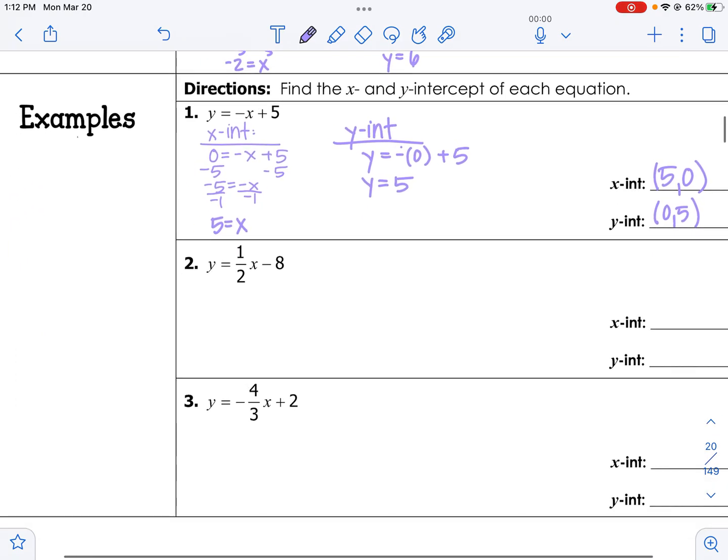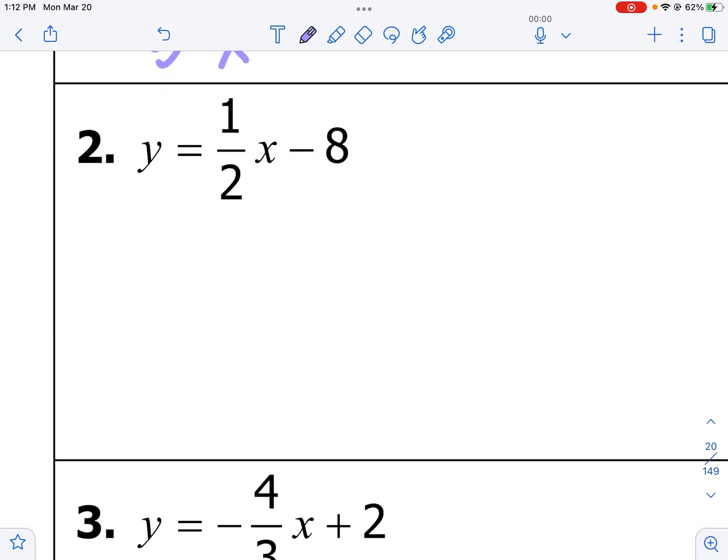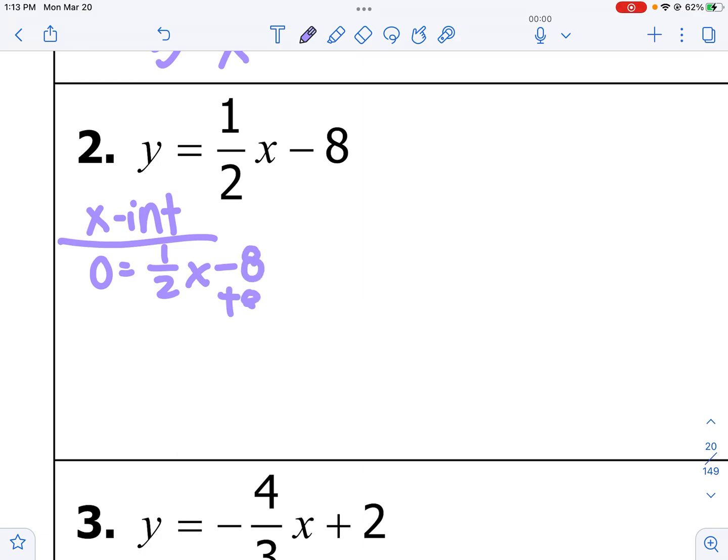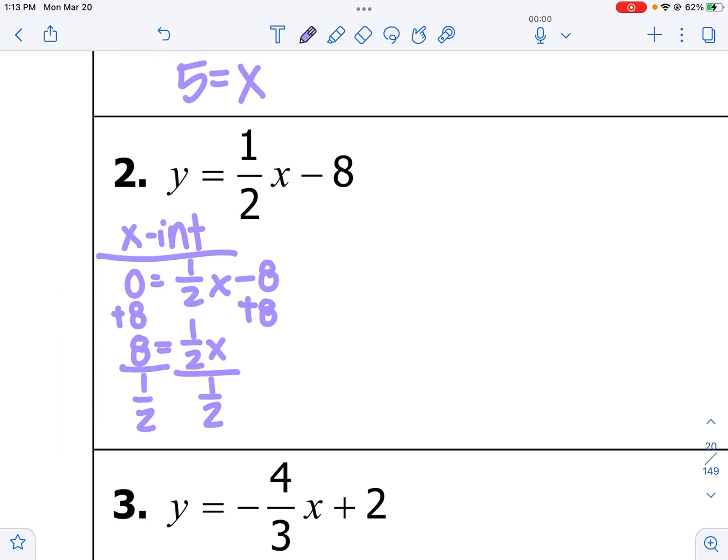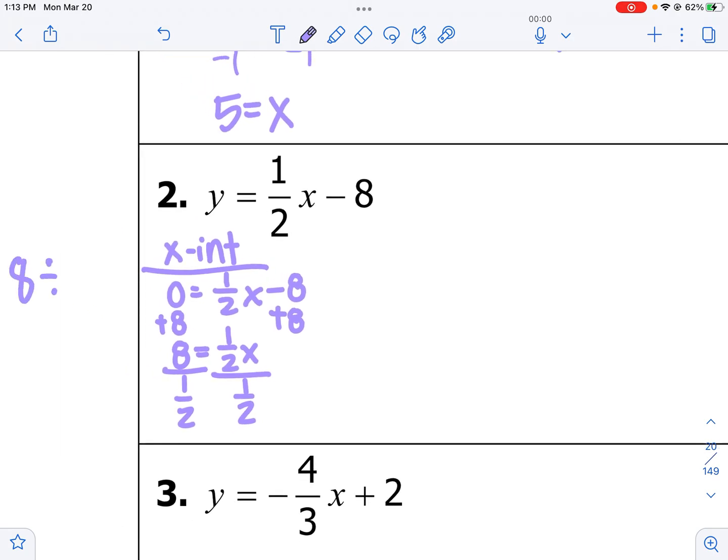For number 2, again, I'm starting with the x-intercept first, substituting 0 for y. So I have 0 equals 1/2 x minus 8. Adding 8 to both sides, 8 equals 1/2 x, dividing both sides by 1/2. And as a reminder, this is the same thing as multiplying by the reciprocal.